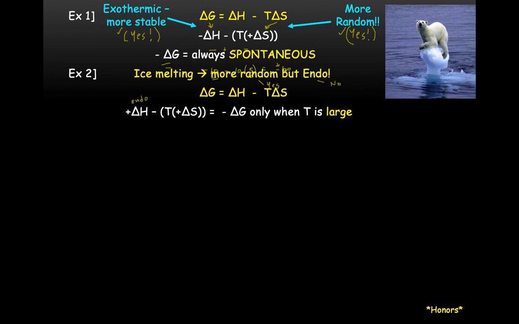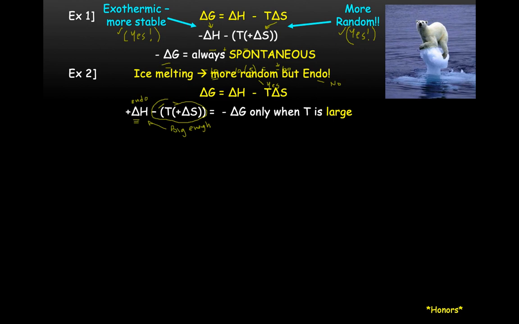Nature's not liking the endothermic part right now, but nature does like the situation where the entropy increases. So as long as this term is big enough, it can take over and cancel out the delta H. Again, remember, this is what's stopping us from being spontaneous. Remember, we want delta G to be negative.